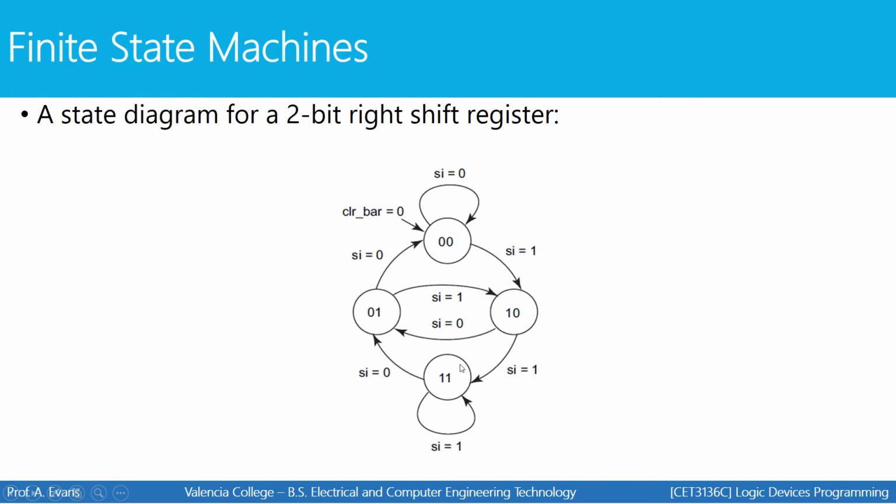Every single one of these states has those situations covered. So a state diagram has to clearly depict the inputs and how the inputs affect moving from one state to another. You have to cover all of your bases. You have to make sure that all input cases are covered so that it's very clear to know what state you're going to be in no matter how the input changes.